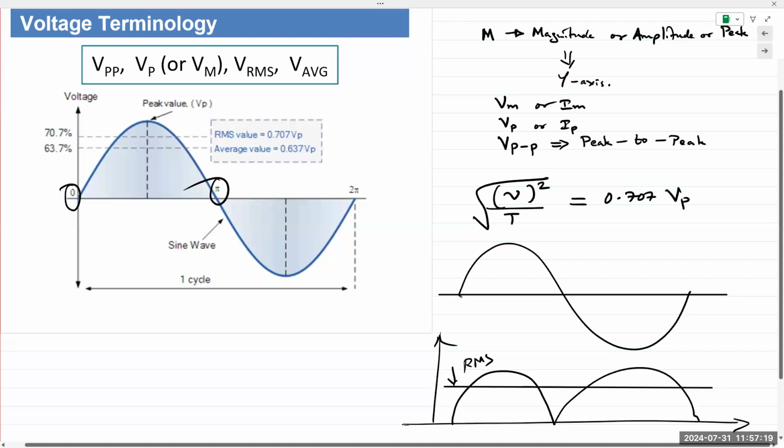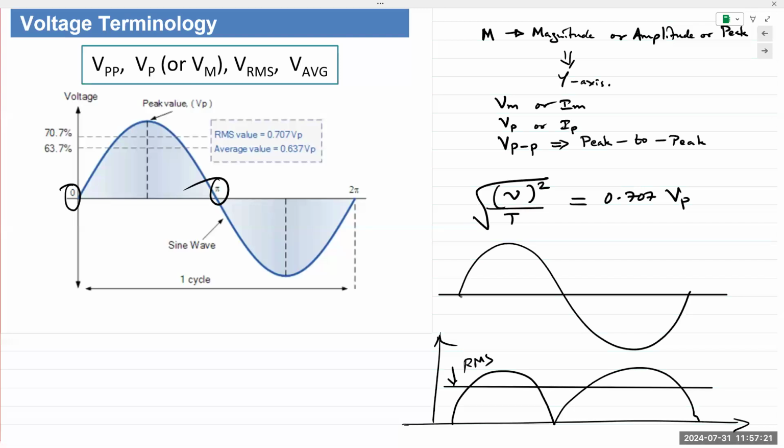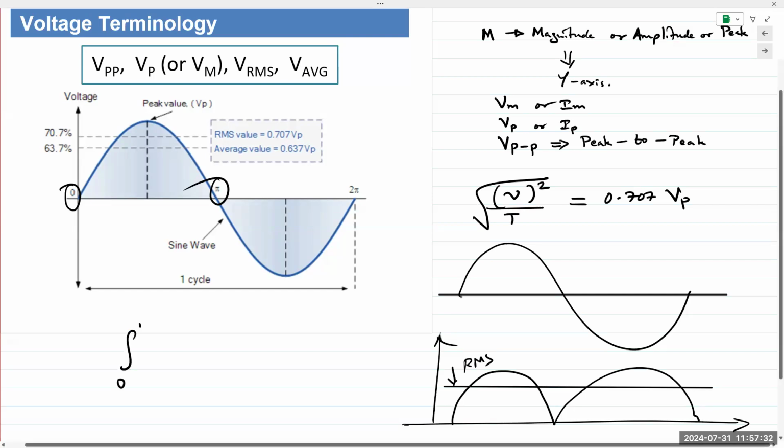A full cycle is 360 degrees, 0 to 2 pi. 1/2 cycle is 0 to pi. So you integrate from 0 to pi, and for a sinusoidal waveform, that would give you a value of 2 over pi, which comes out to be 0.637.